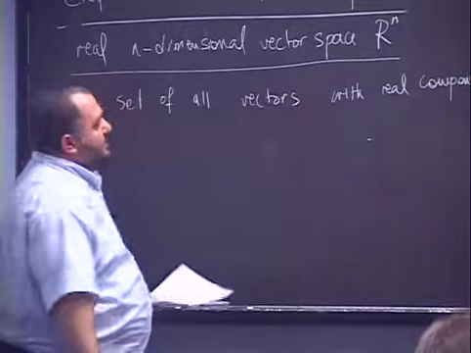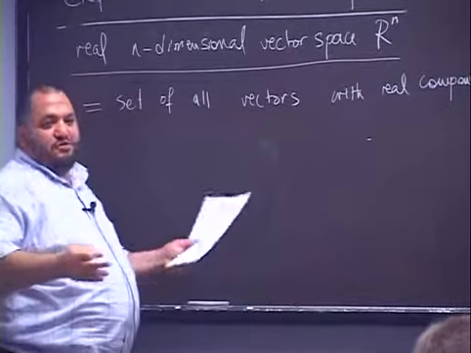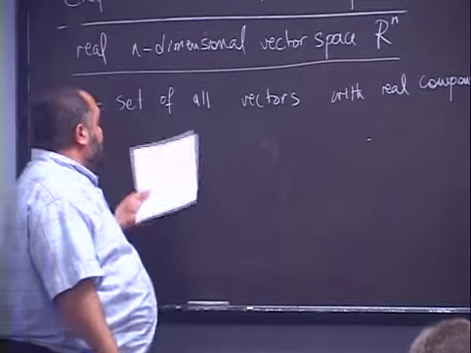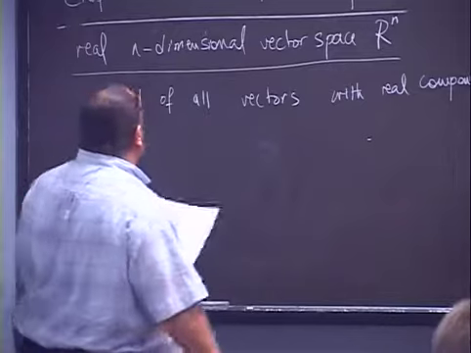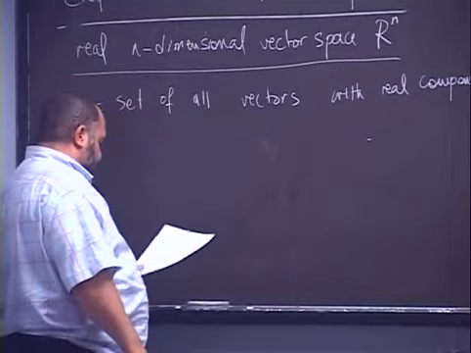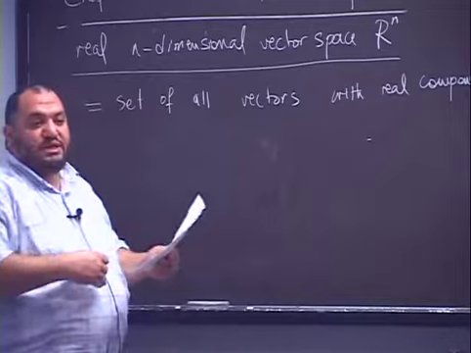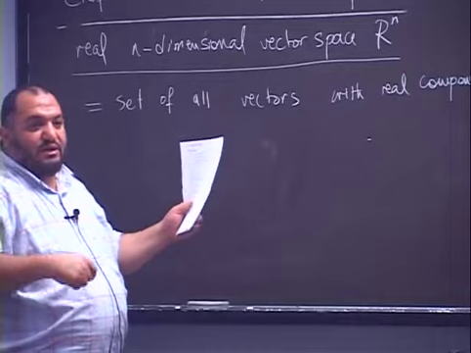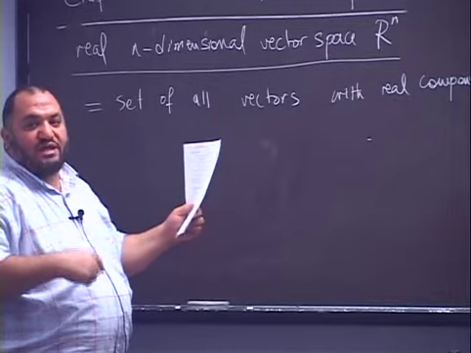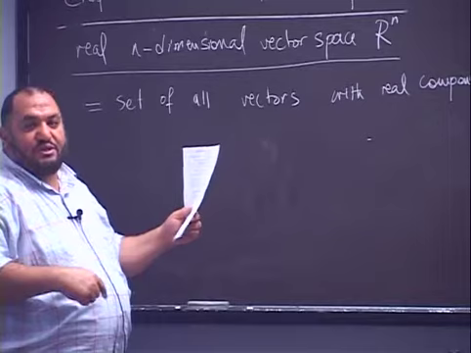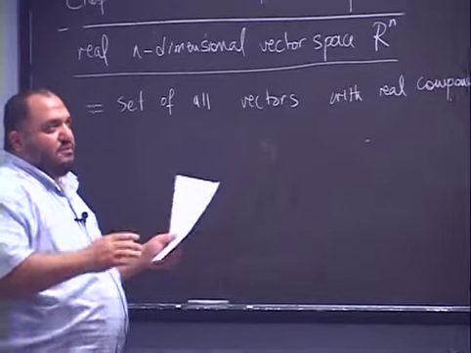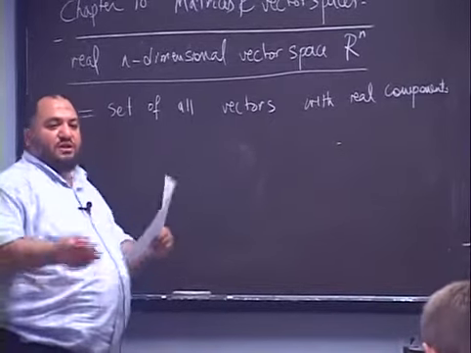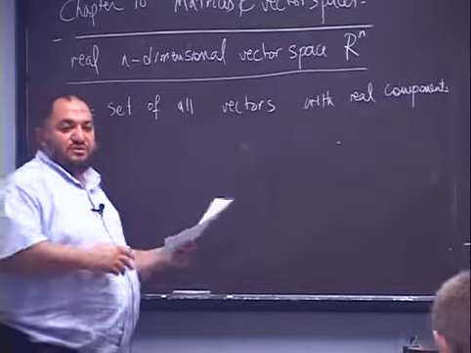So if all the vectors have real components, in this case we will say that this set of all the vectors with real components will form the vector space. And of course, all the required conditions should be met, like the commutative and distributive property, or associative property, and also the scalar multiplication, the existence of the null vector, and the existence of the negative vector, and so on.